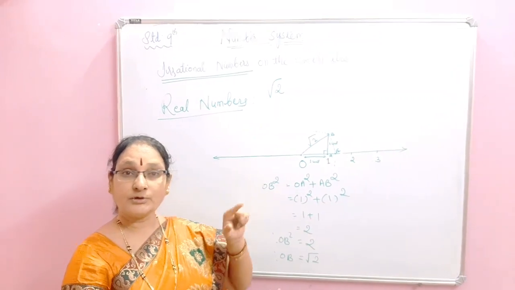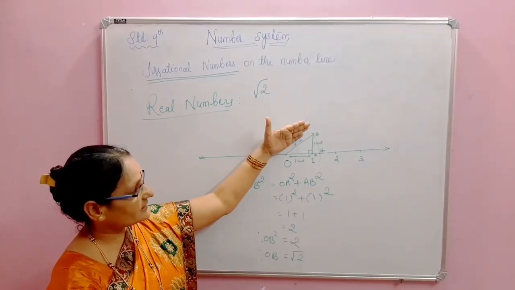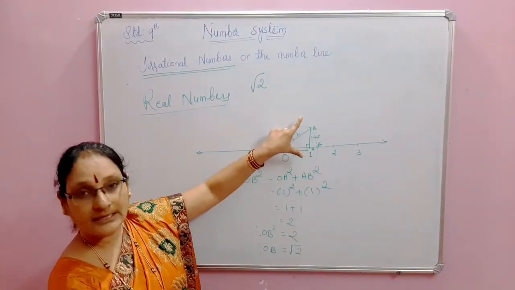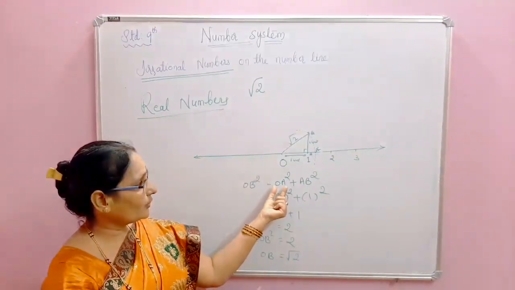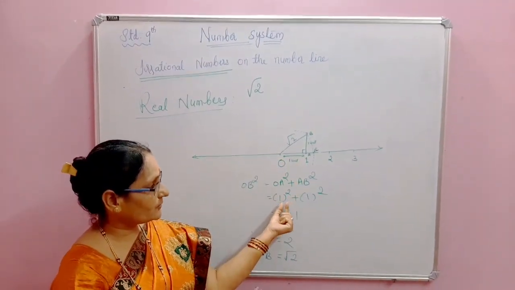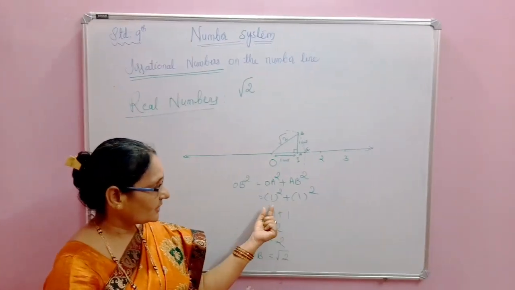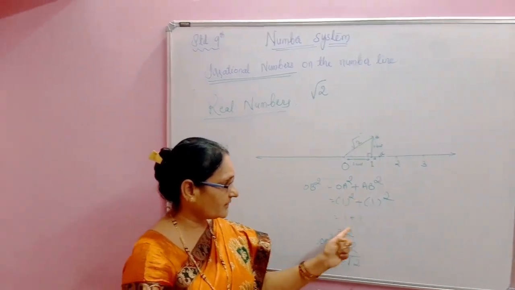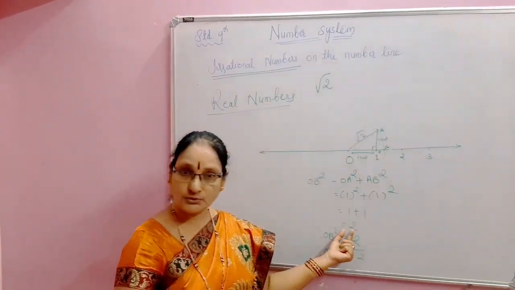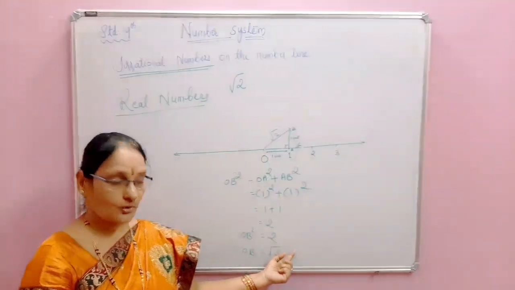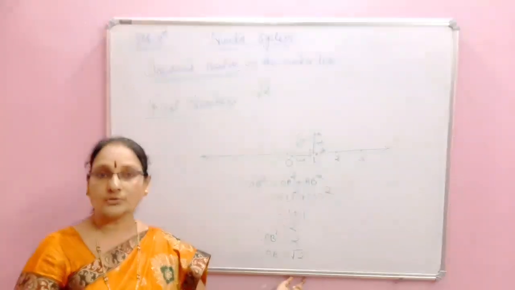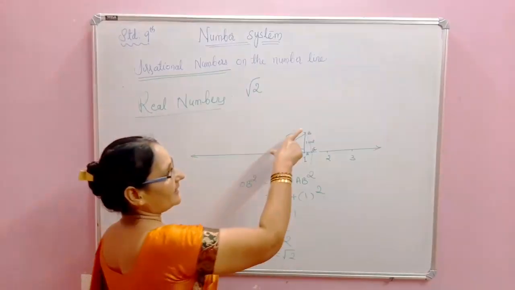And then according to Pythagoras theorem, OB square is equal to OA square plus AB square. So here OA square we have taken as 1 square, AB is 1 square, 1 plus 1 is 2. OB square equal to 2. What about OB? OB equal to root 2.